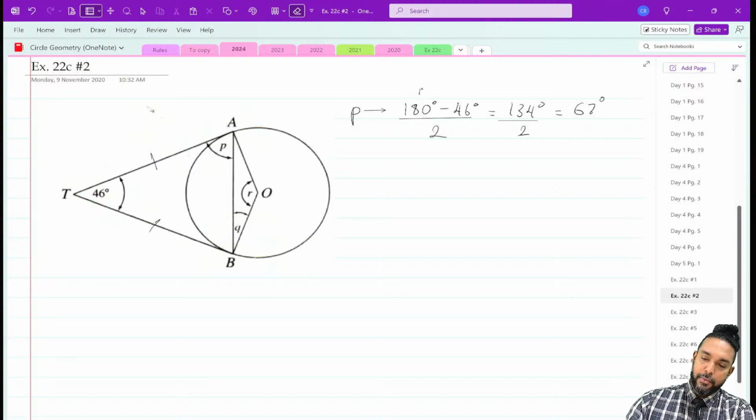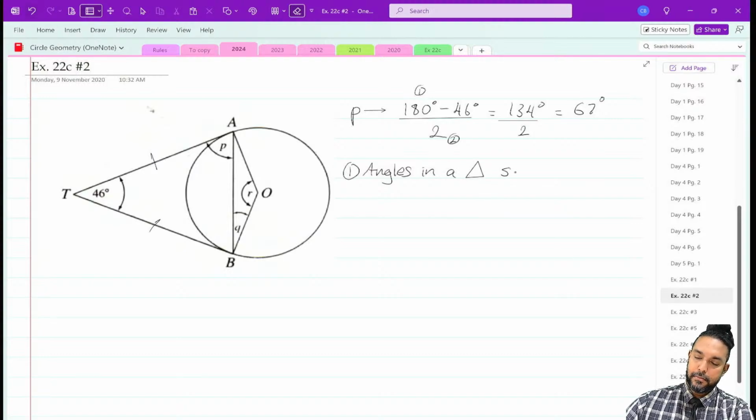Okay, so we could do a little 1 here, we could do a little 2 here. And it's the same setup like last time, right? So that one is that angles in a triangle sum to 180. And item 2, base angles of an isosceles are equal.